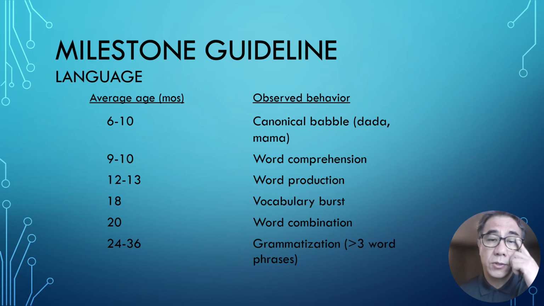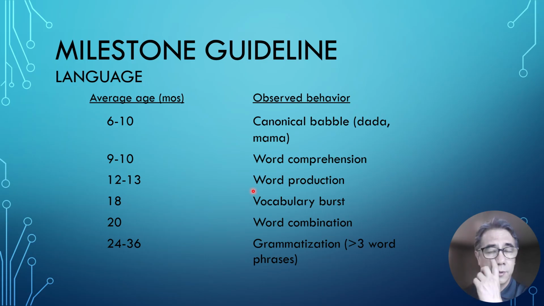So language guidelines involve the following: usually by 10 months of age there is babbling and cooing along with mama and dada. They may have one or two word comprehension.